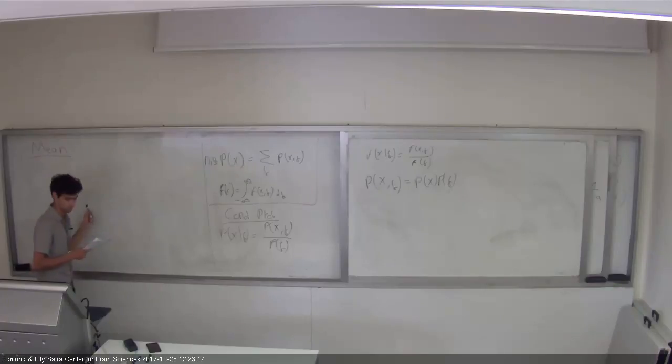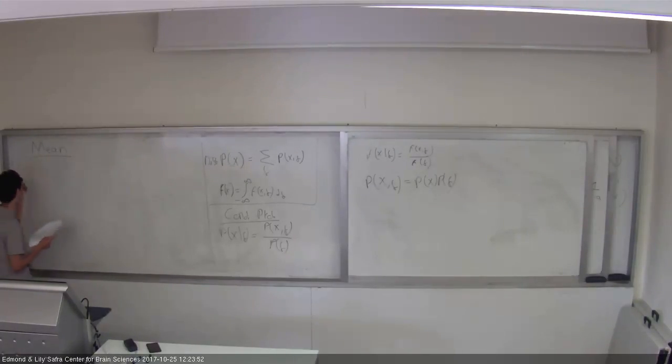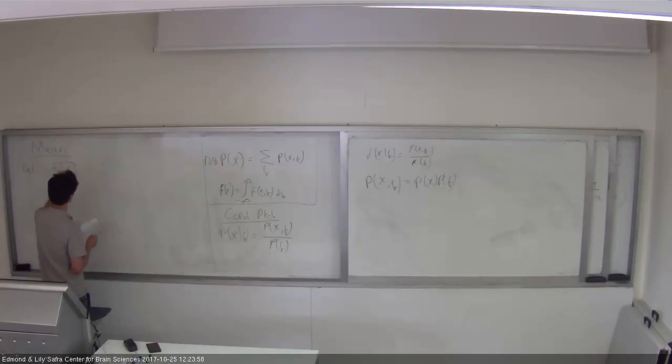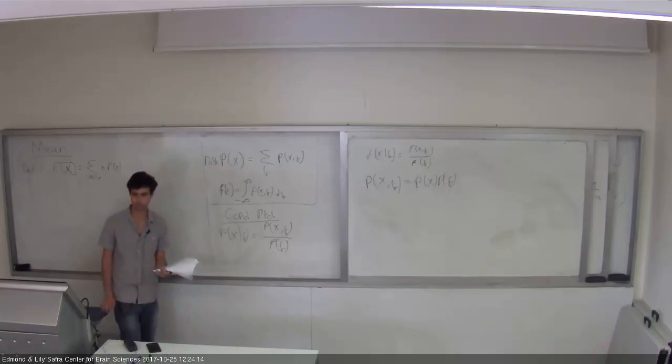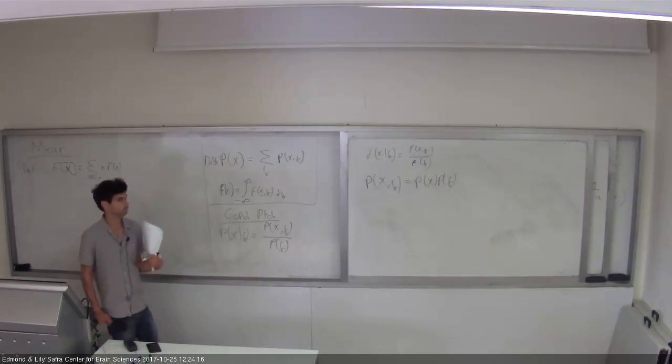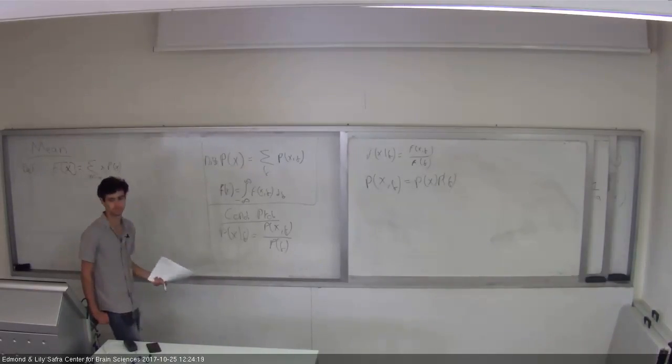The definition of the mean or expected value, it's the same thing: if x is a random variable, the expectation of the random variable is just the sum over all the possible values of x of x times p of x. Okay? I'm sure that you already know it.